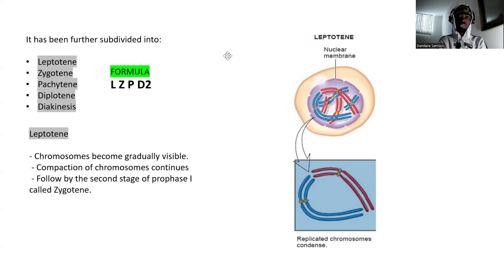Now, let's start from the first one, leptotene. So in leptotene, chromosomes become gradually visible. Okay, this is the diagram here, as we can see. Remember that in the interphase, if you remember the explanation under the prophase of mitosis, we said there is a resting phase, which we assume to be the interphase.